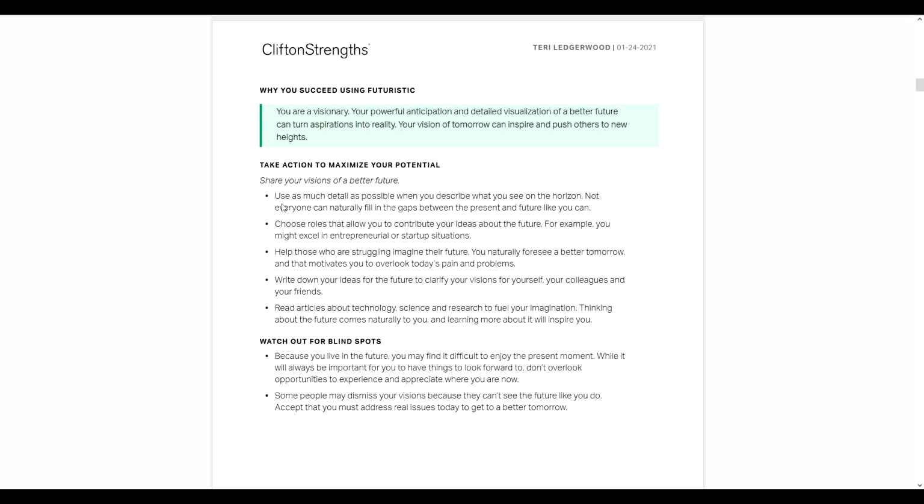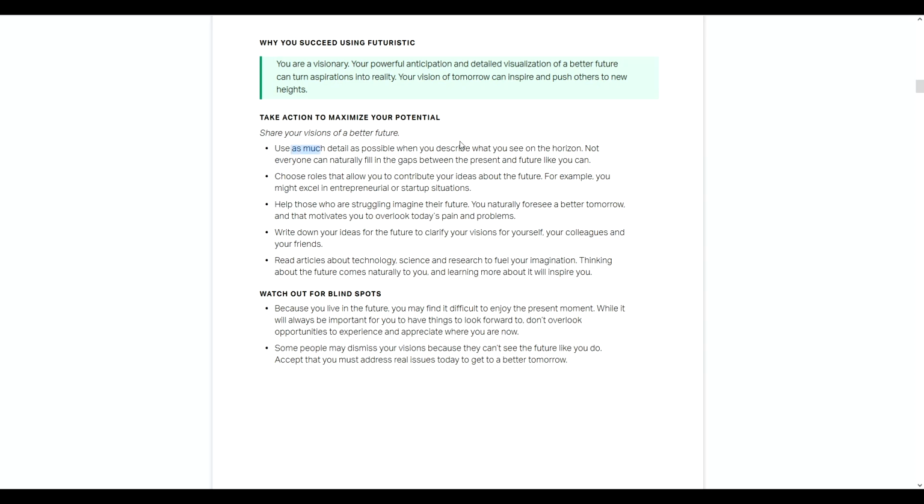So what I look at here, use as much detail as possible when you describe what you see on the horizon. What I take away from that is that I need time to sit and not just have an idea, but also flesh it out in terms of either journaling so I can explore and paint the picture with words, or I can get on a Zoom call.